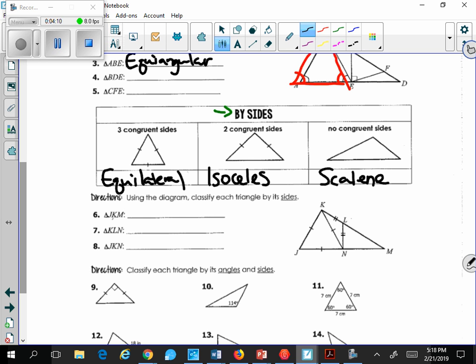So if I'm doing the same thing that we did up top with 6, 7, and 8, I'm using this diagram, but this time I don't care about the angles, I care about its sides. So the first one asks me to classify JKM. JKM is the whole thing. Notice I don't have any markings on these three sides to indicate that this side is equal to any of the other ones.